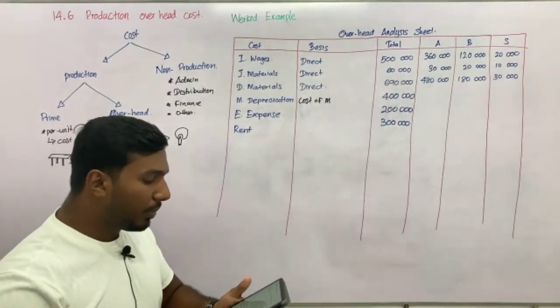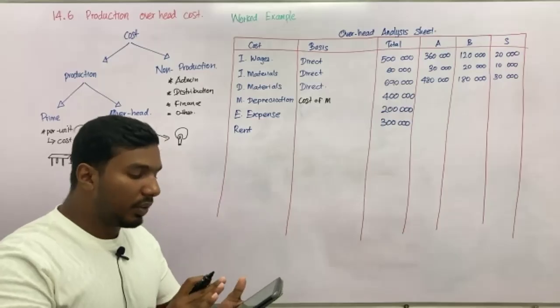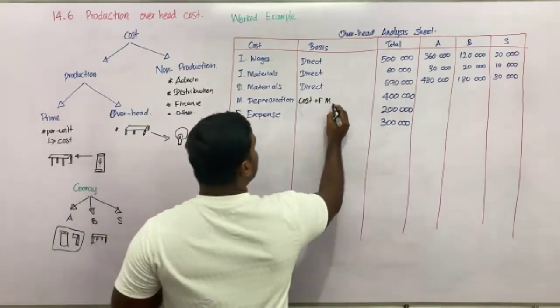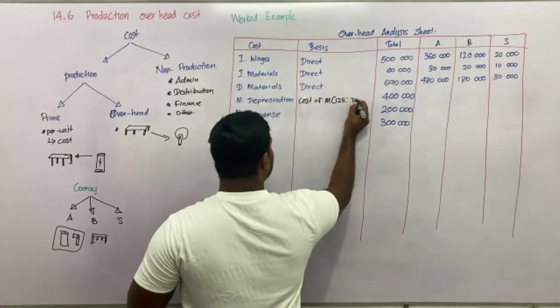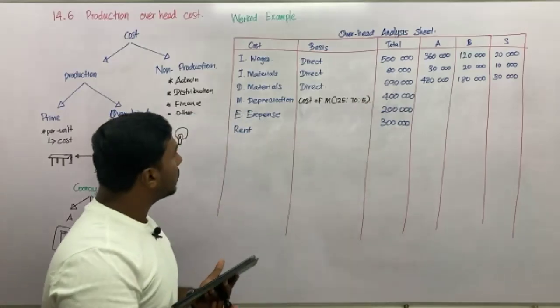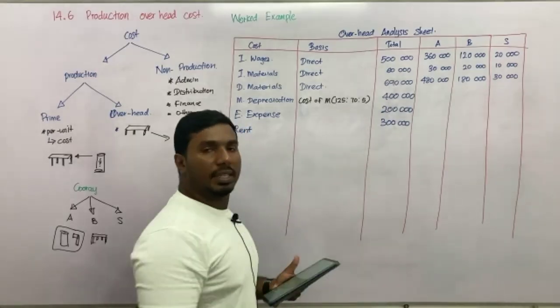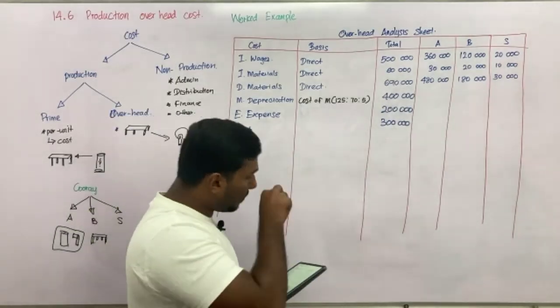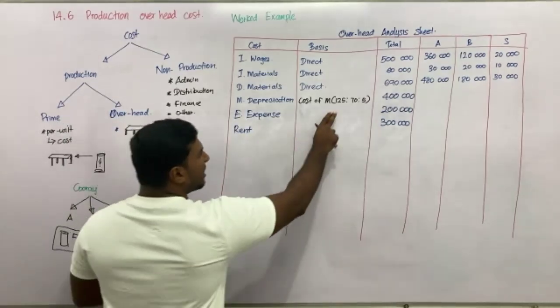So the cost of the machine is split below as 125,000, 70,000 and 5,000. Okay, yes. So this will be your appropriation basis. You have to summarize it, right?